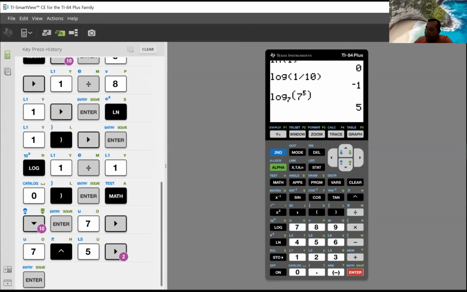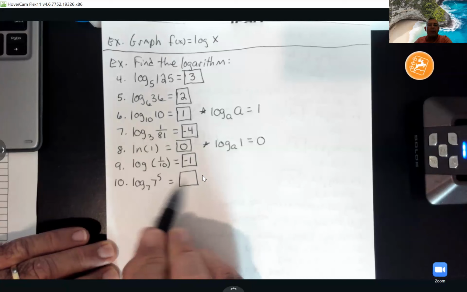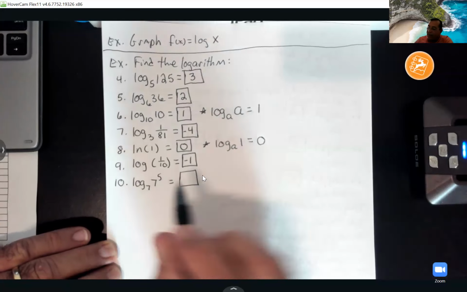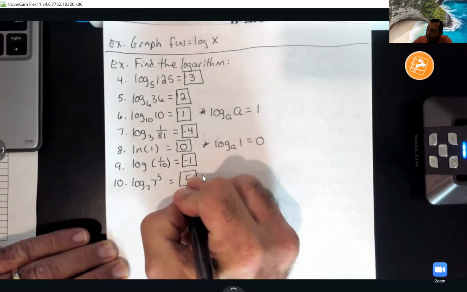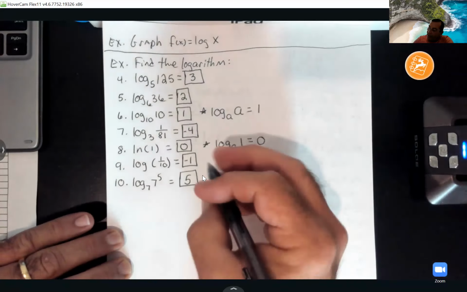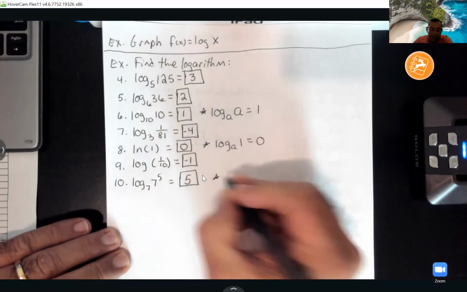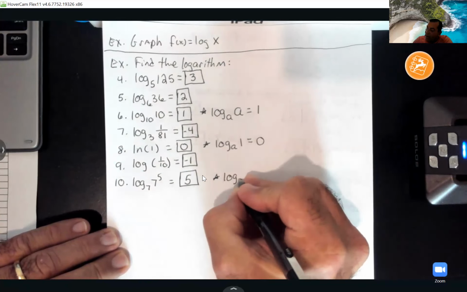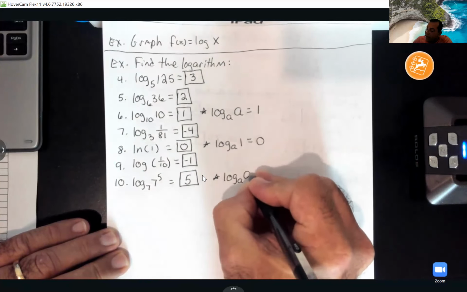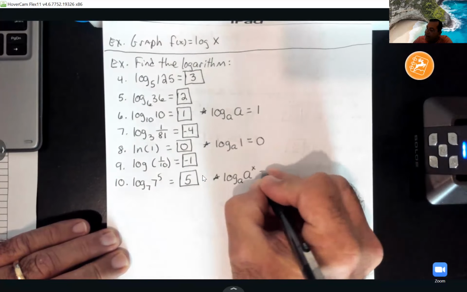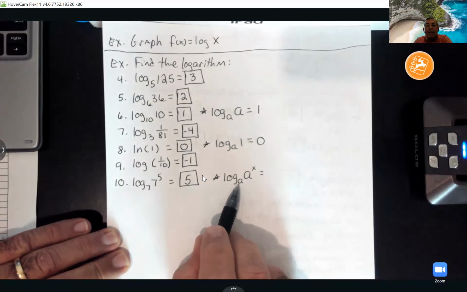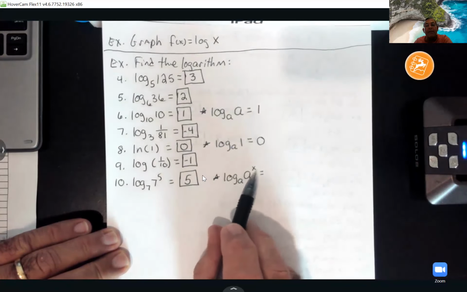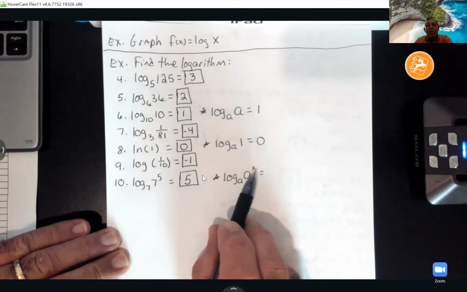So I would raise this 7 to the 5th power to make it look like a 7 to the 5th. So y'all watch this little property. When I have a log base A of A to the X, if the base matches the base of the result raised to an exponent, then the answer will always be that exponent.